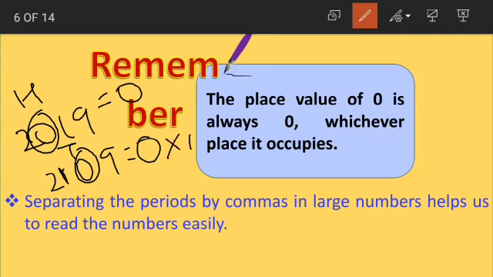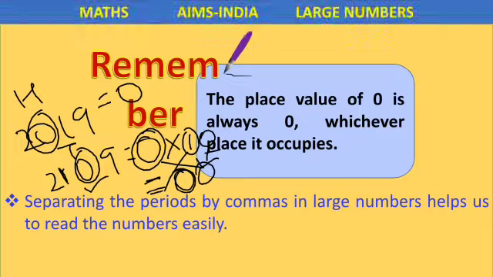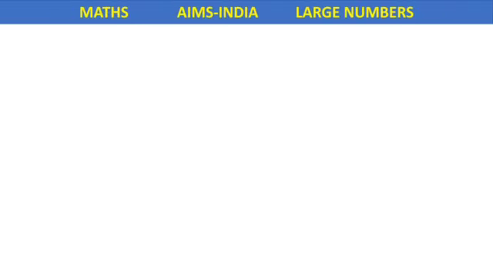Why? Because 0 into 10 is equal to, what is 0 into 1, children? 0 ones are 0, and then we copy this 1 0 here. 0 into 10 is nothing but 0 only. You do not need to calculate at all. You can simply say that the place value of 0 is always 0 no matter which place it occupies.